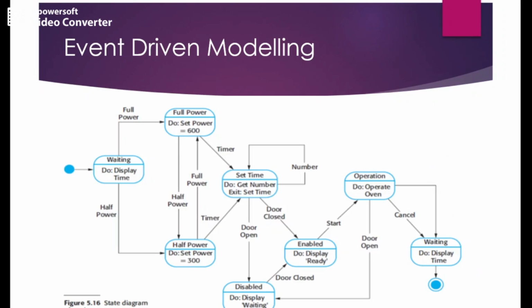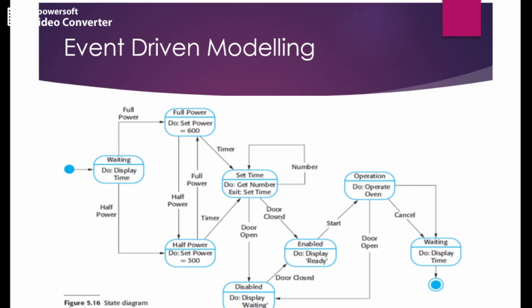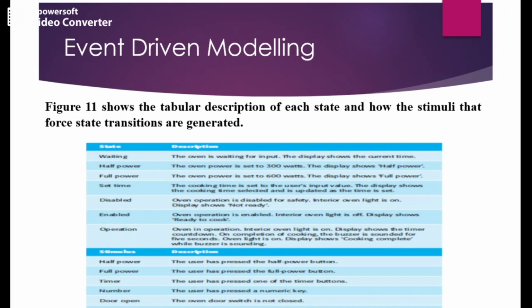After receiving this timer, it will move to the set time state. The user has pressed one of the timer buttons to set the time. We have one more stimulus, number: the user has pressed a numeric key for selecting how much time.